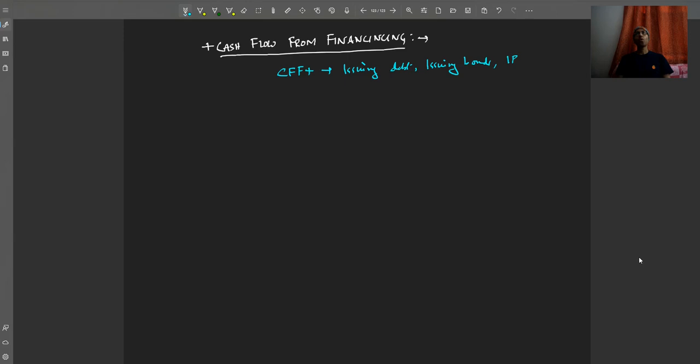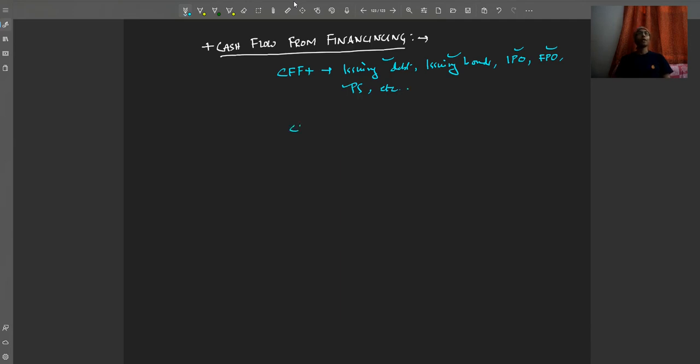Issuing an IPO, issuing an FPO, issuing preferred stocks to selected investors, issuance of qualified. These are basically sources of cash inflow from financing activities. The first two that we spoke about were pertaining to debt, and the other three, IPO, FPO, preference shares, these are basically equity examples.